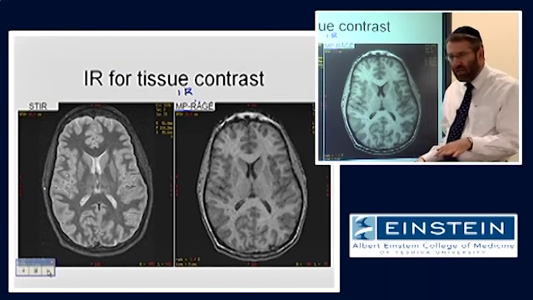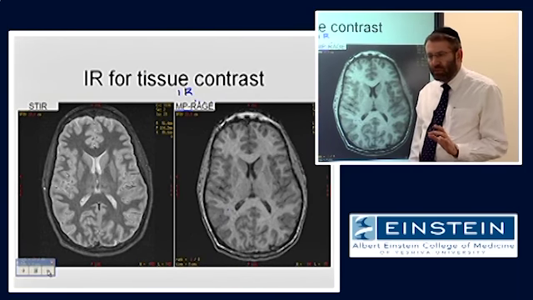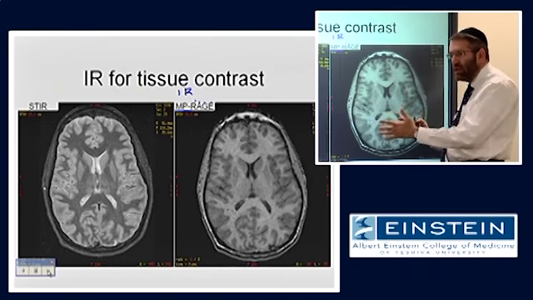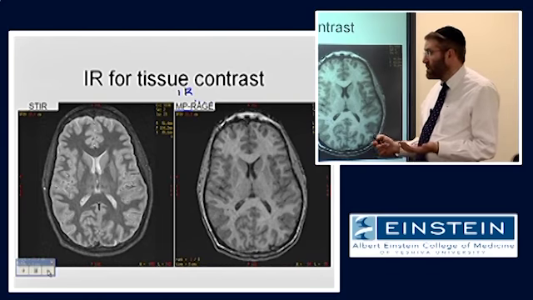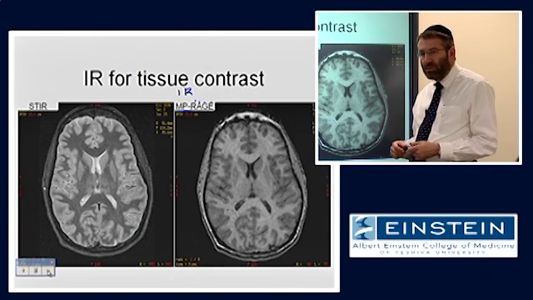If you look at that little menu page, there's a section called preparatory modules. And this is one of several things that we can add on to the front end of the pulse sequence to do various things. Modulate contrast, suppress signal from specific tissues.